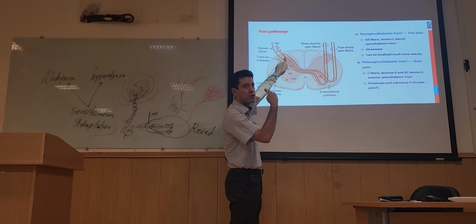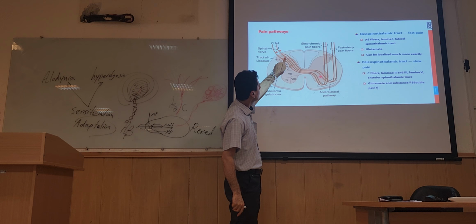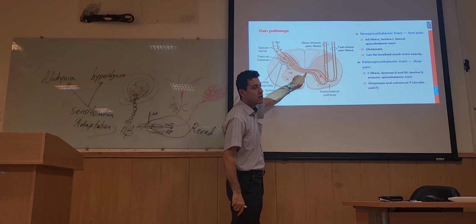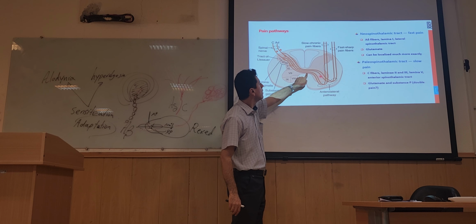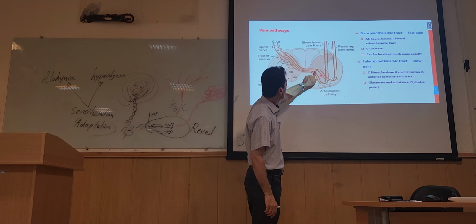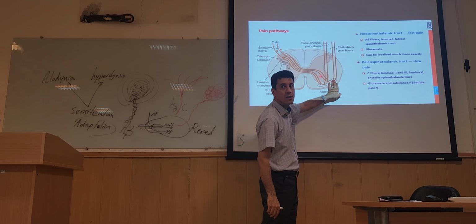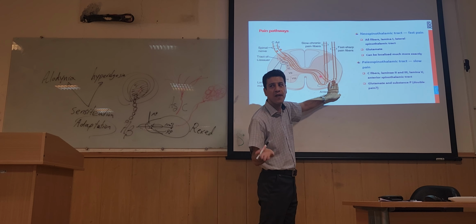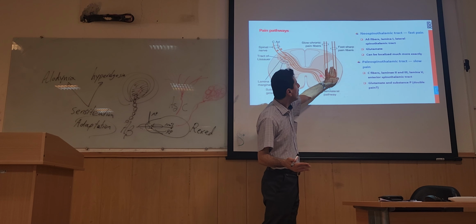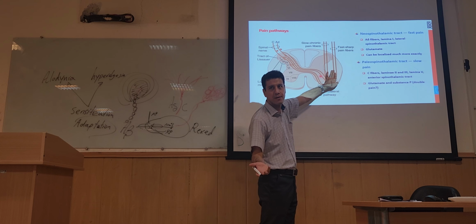They activate the second order neuron. The second order neuron starts from here, sends the fibers in the anterior commissure to the opposite side. They go to the lateral part of the anterolateral system, or let's say the lateral spinothalamic tract. Right? So we call this neospinothalamic.